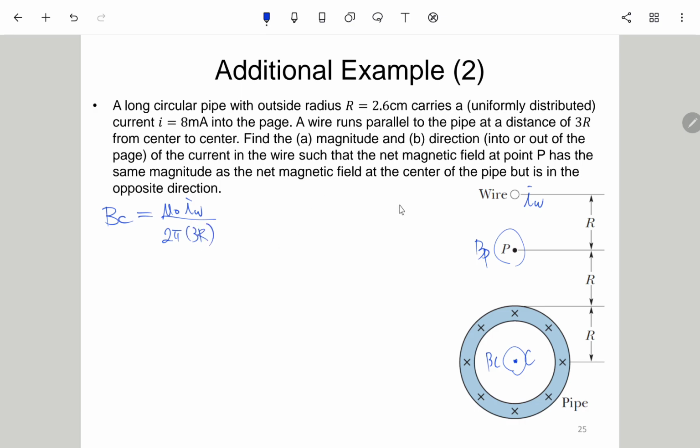You can consider this as a long straight wire, so it will generate a B field somehow like this, many concentric circles as the B field lines.